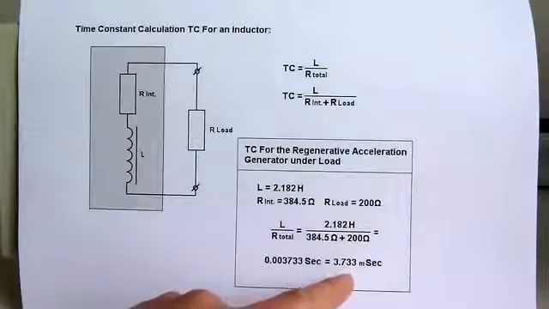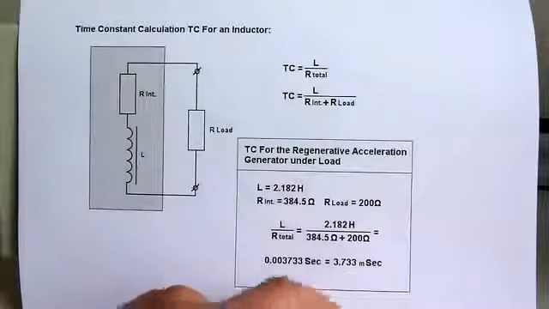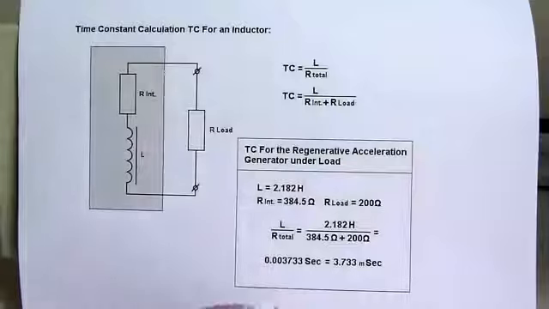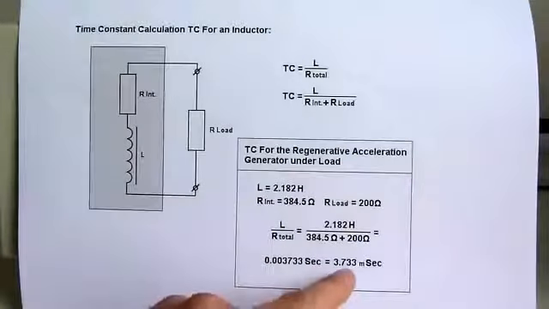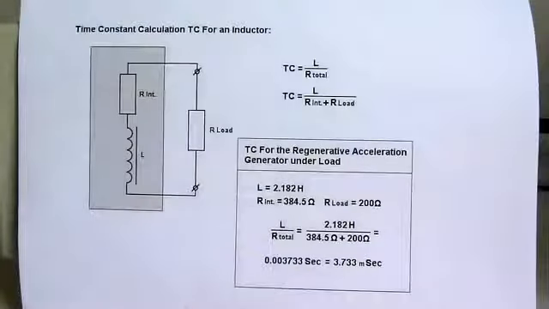With fast rotor RPM or generator frequency, when you compare the frequency with this time constant, you can see that you would be able to create regenerative acceleration.